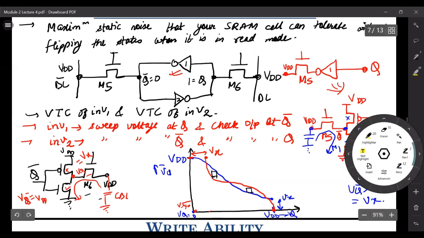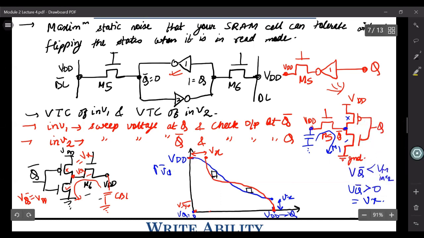Now on the same curve, if we were to plot your VTC without any noise, it will look something like this. We'll have this going like this, and we have this. On the same curve, if you plot it, you will see that the size of the maximum square is larger as compared to the size of the maximum square that we have in the read operation.